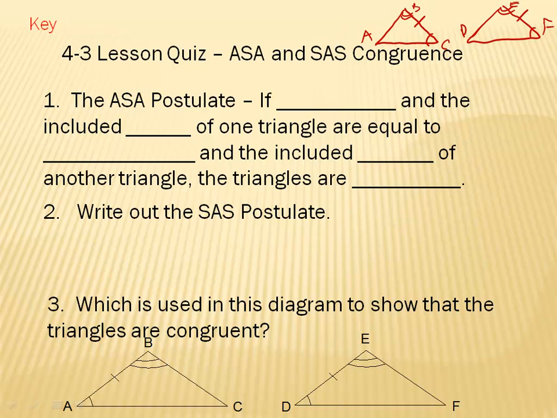So we don't have to try and prove that all six of those, the three angles and the three sides, are equal to each other, because if you think about it, with angle side angle, if these angles are established here, then that determines that the third angles have to be equal, because they all have to add up to 180, right?